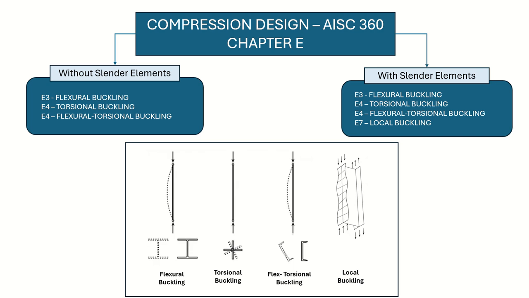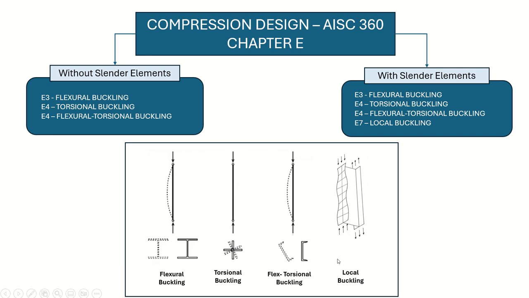Secondly, we have torsional buckling, which is represented by a rotation of the cross section about the center axis. And then we have the flexural-torsional buckling, which is a combination of the previous ones, and as you can see, applies mainly for members with single symmetry. There is a displacement of the cross section and also a rotation of it.